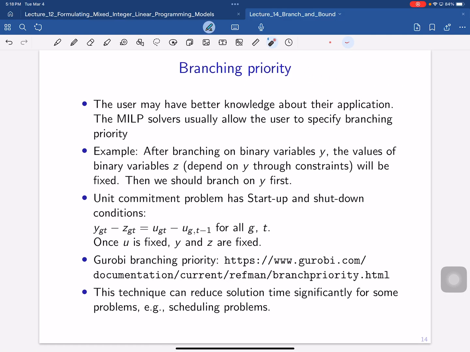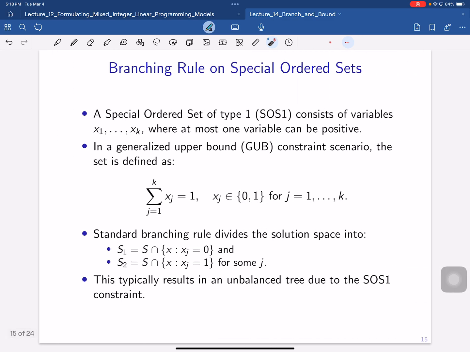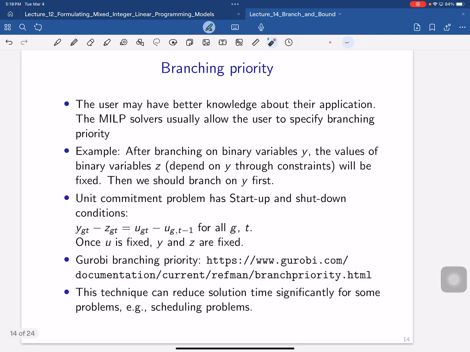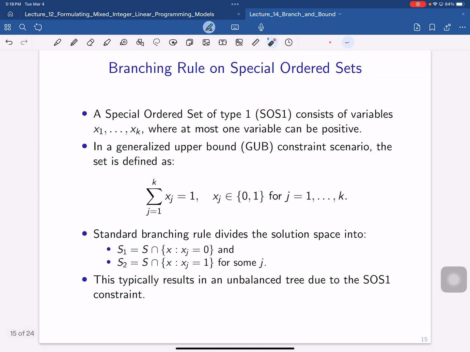In solvers like Gurobi, you could set the branching priority on some of the binary variables, right? And this can be very effective when you solve especially some of the scheduling problems, right? Okay, just keep this in mind.